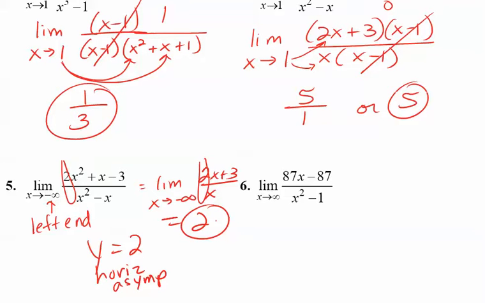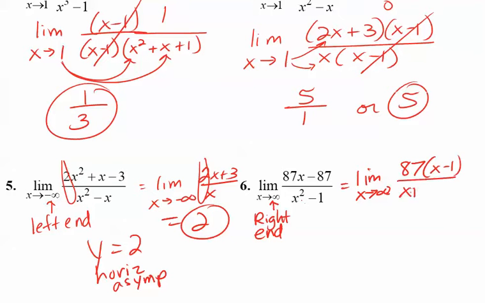And in number 6, we've got a new function, and we're going to our limit at the right end of the graph. So again, a horizontal asymptote question for a rational function. This one also has some factors. We don't necessarily need to do the factors here for this problem, but we might for later problems. So let me just write this in its equivalent form. We'll use that in the next problem.